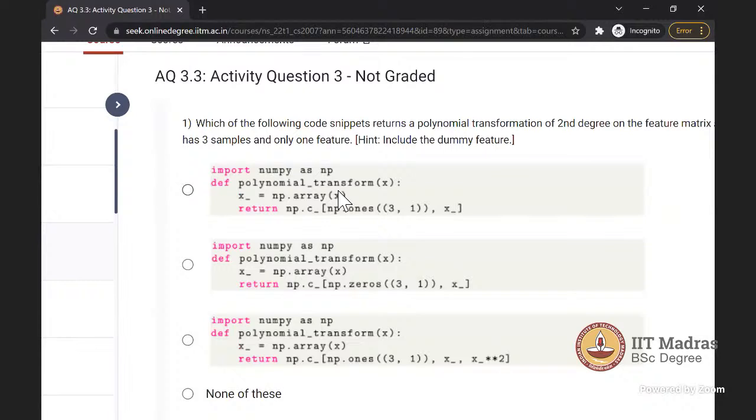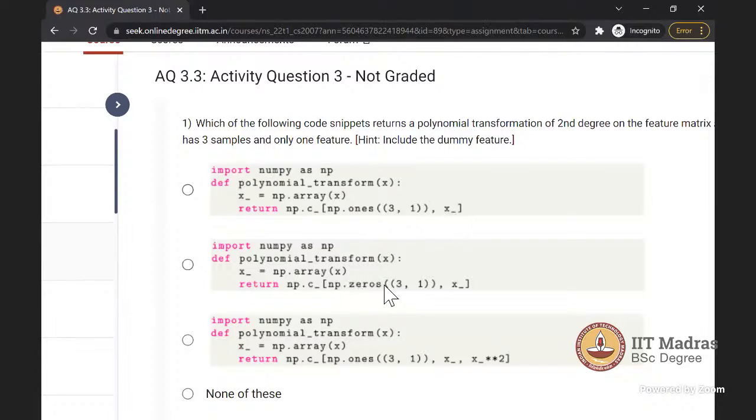This will be the third option because we are taking the second degree. In all 3 options we have a function called polynomial transform, and inside that we are concatenating columns. The first option concatenates a column vector of size 3, which has all ones, and the feature vector X underscore.